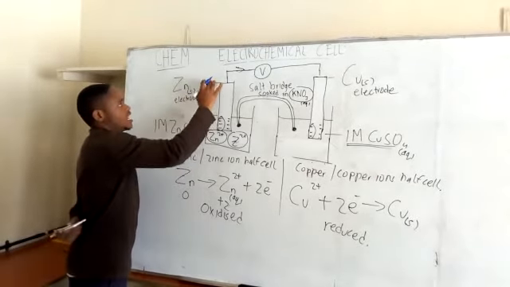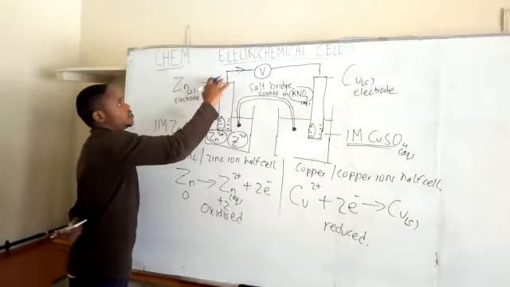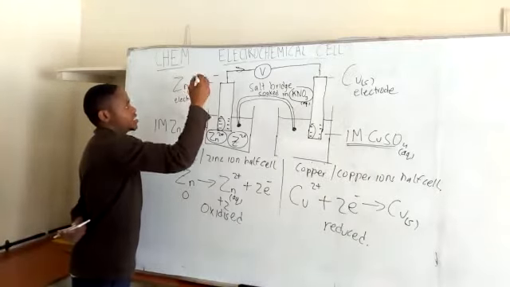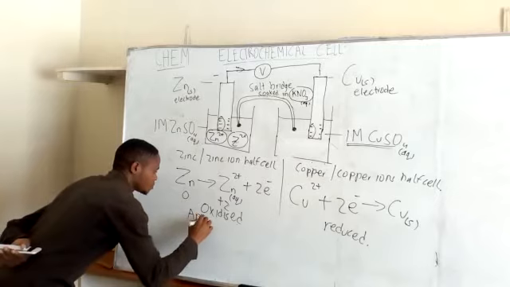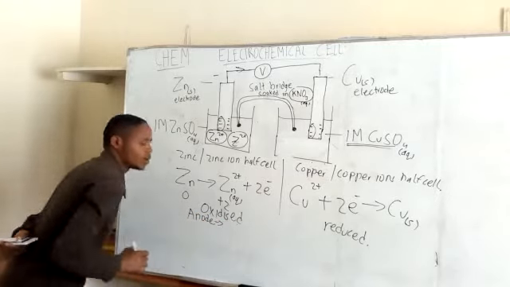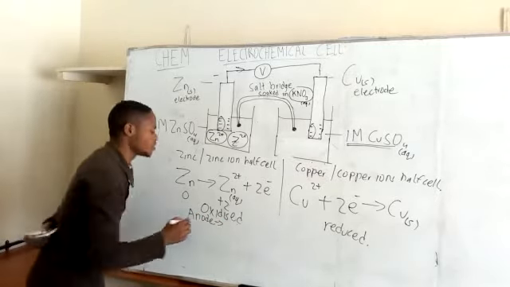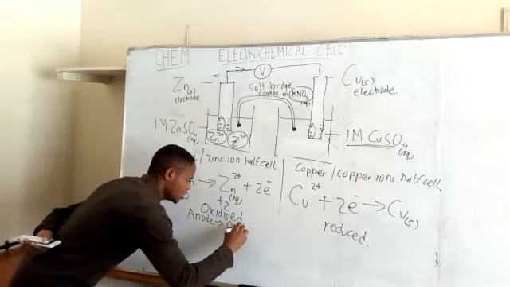This electrode tends to have the negative charge, and we normally call it the anode. At the anode, that's where oxidation takes place.